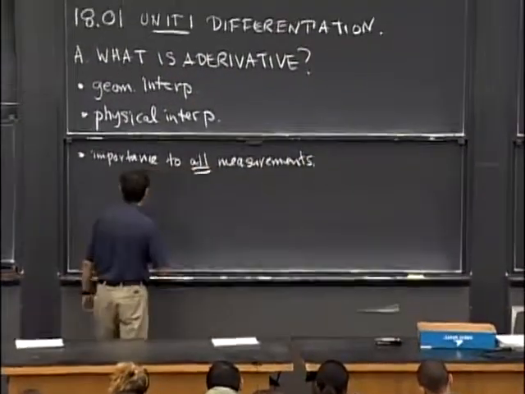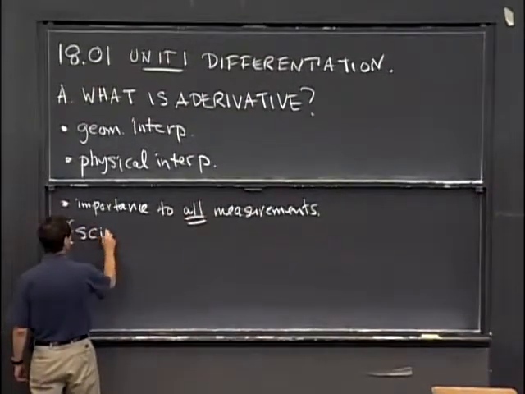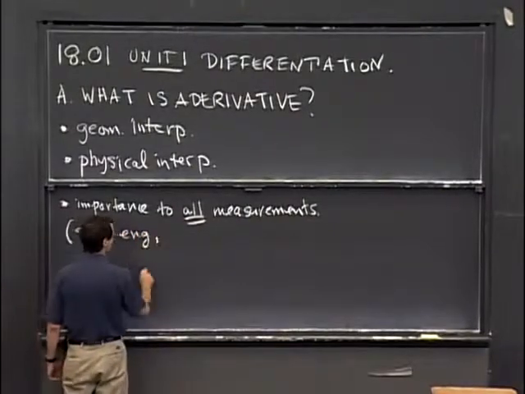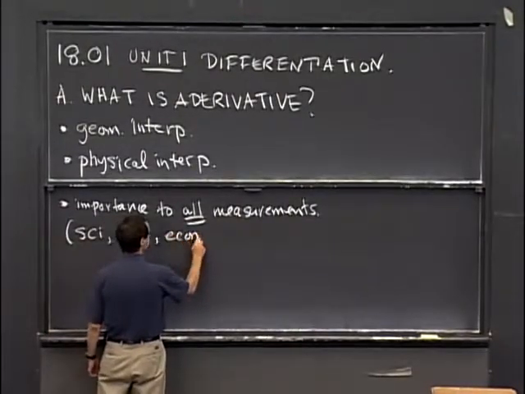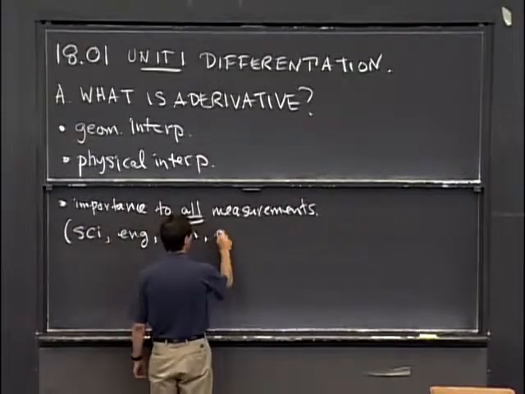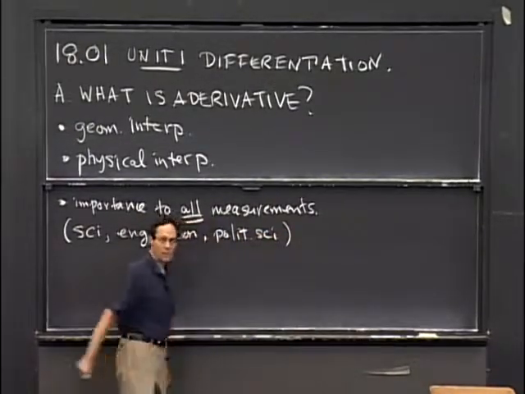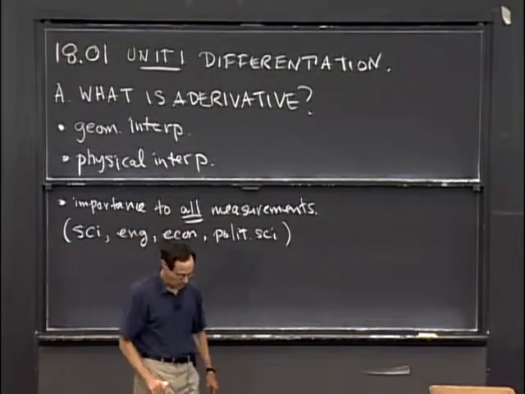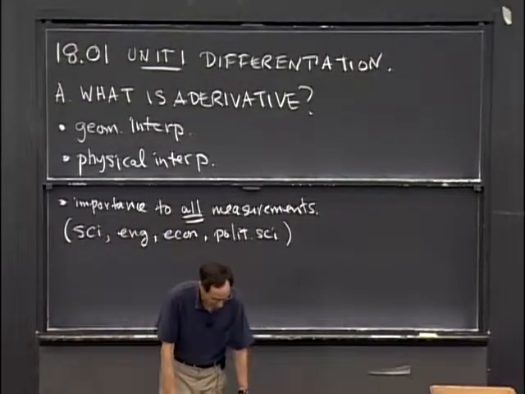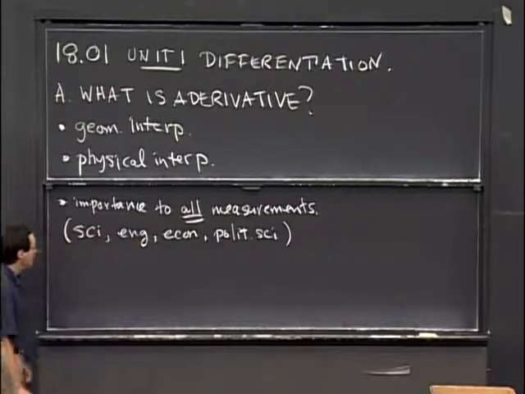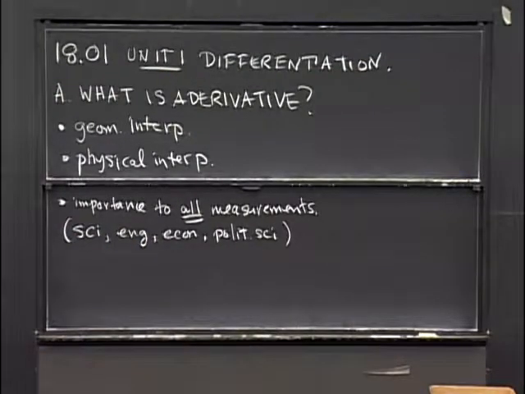So that means pretty much every place. That means in science, in engineering, in economics, in political science, etc. Polling, lots of commercial applications, just about everything. So that's what we'll be getting started with.